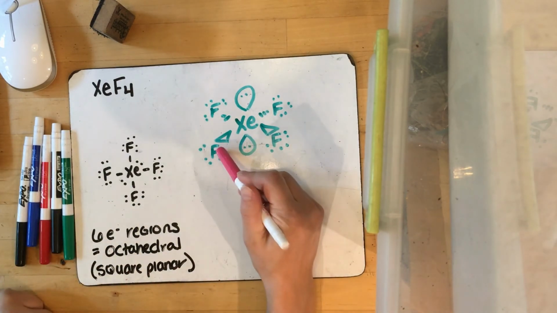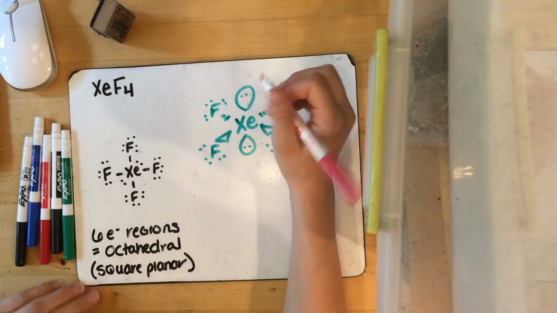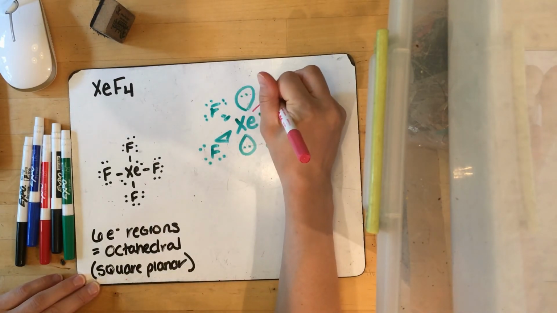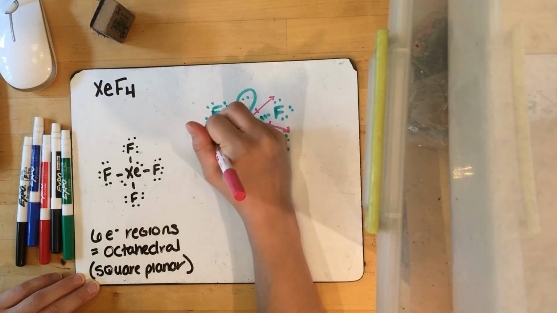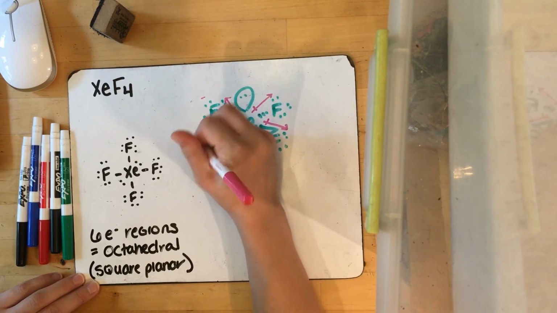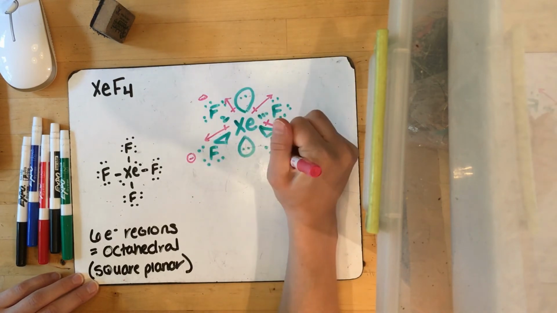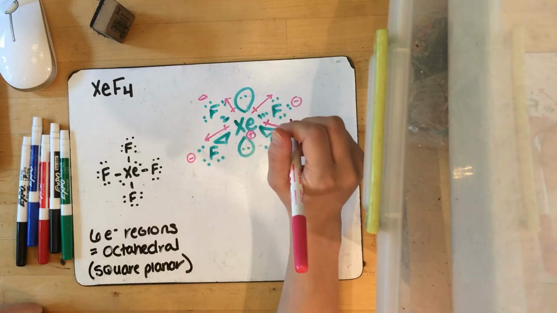So to look at my polarities, we know that fluorine is the most electronegative element on the periodic table. And so all of my dipole moments are going to be pointing outwards towards those fluorines. So my fluorines have this slightly negative charge, and that's going to give my xenon a slightly positive charge.